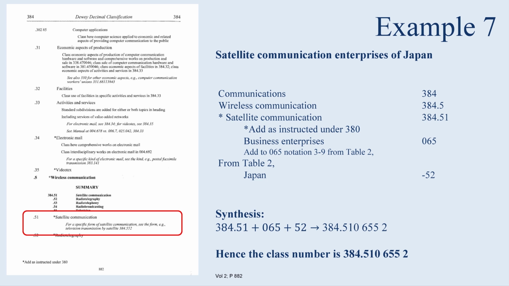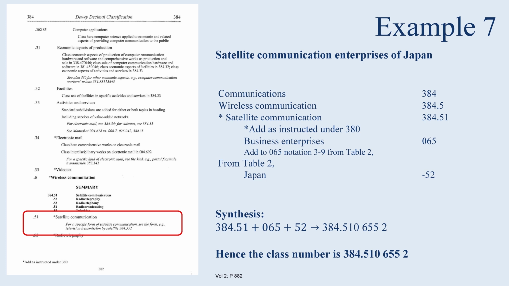So as we know, communication is in 384. Under it, wireless communication is 384.5, and finally satellite communication, which starts with an asterisk mark, comes under 384.5. And what does the asterisk tell us? It tells us to add as instructed under 380, that is the main class of commerce, communication, etc. Here in an extended subdivision, we have found the number 065, which represents business enterprises.